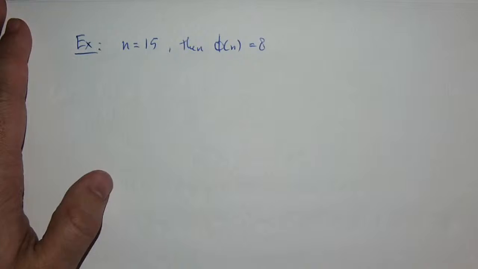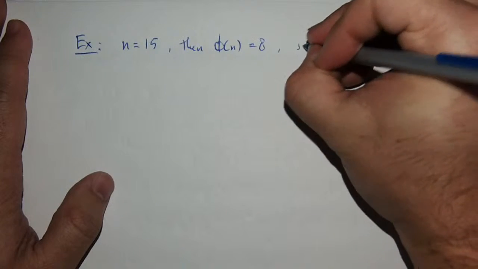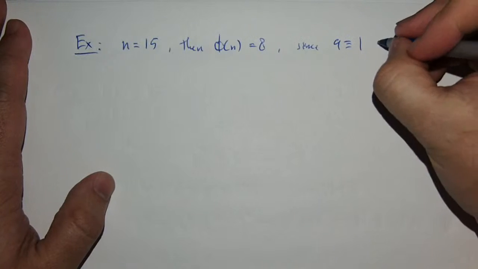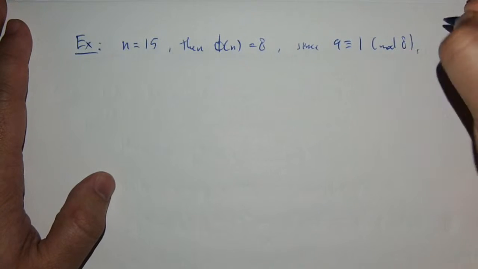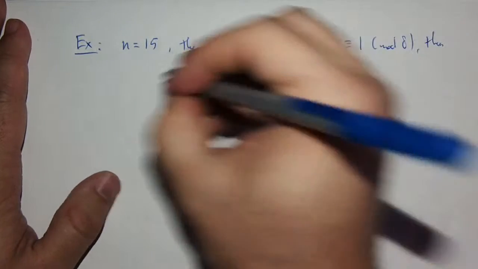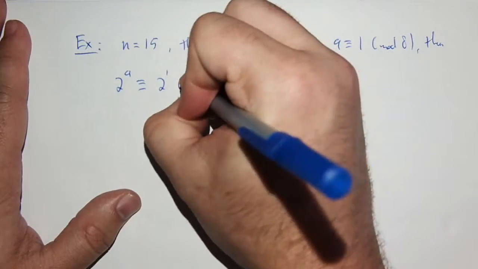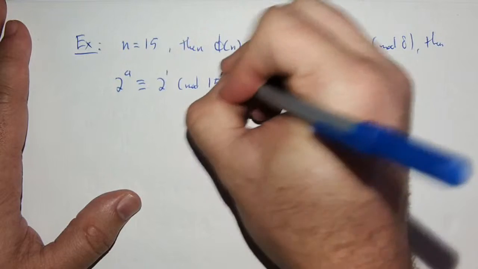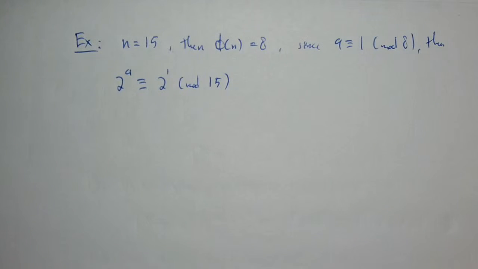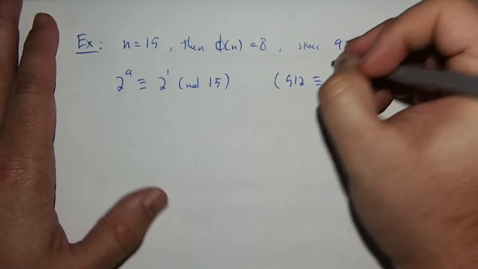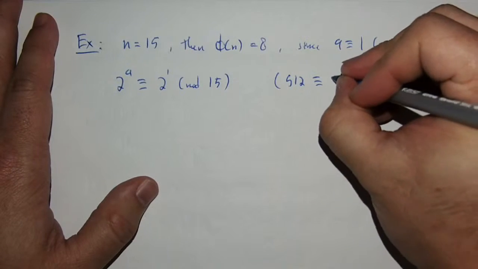And since 9 is congruent to 1 mod 8, then 2 to the 9 is congruent to 2 to the 1 mod 15. And we can check this. In fact, 512 is indeed congruent to 2 mod 15.